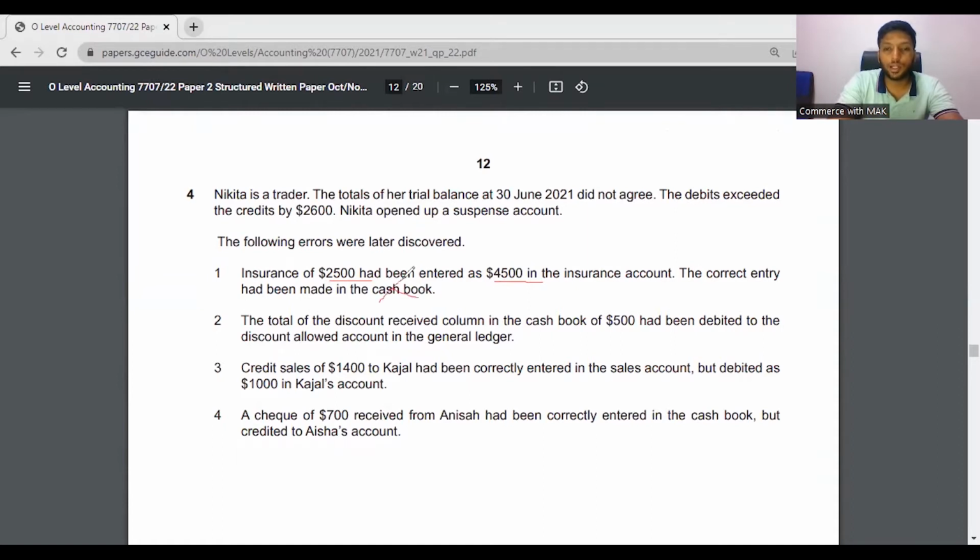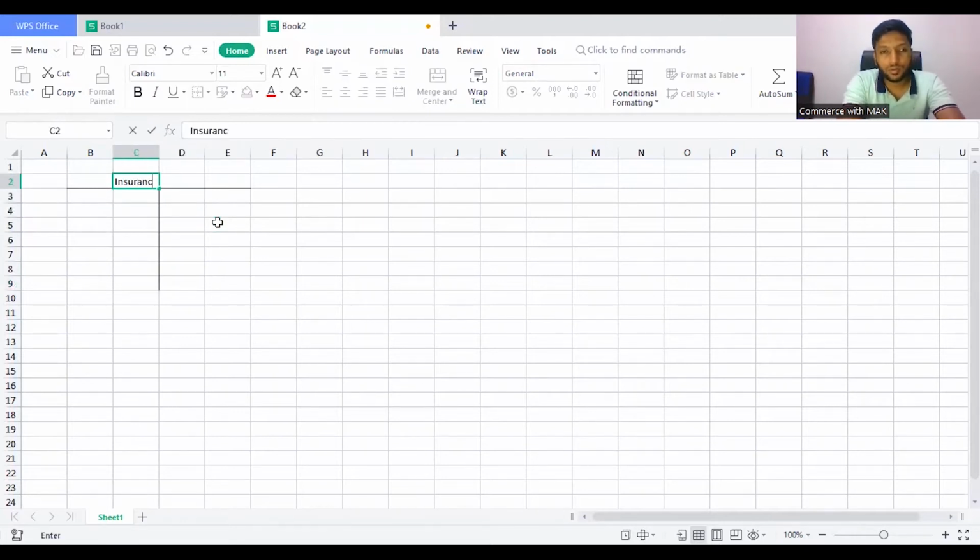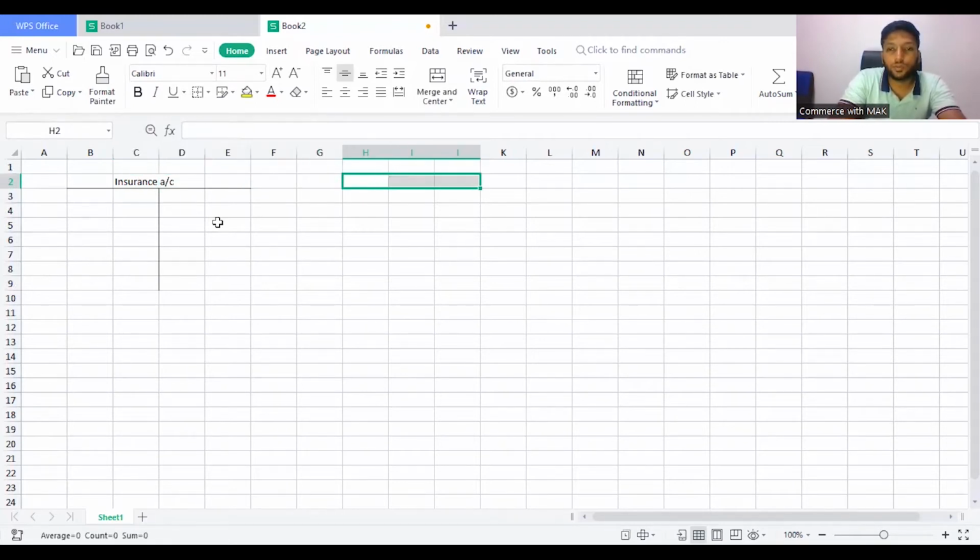So they have recorded it in the cash book. I'm not going to take the cash book. I'm going to draw up an insurance account. I'll be taking an Excel sheet to do this. Here I have recorded an insurance account. And I'll open up a suspense account in a big one, so it will be very visible for all when I'm doing the sum.